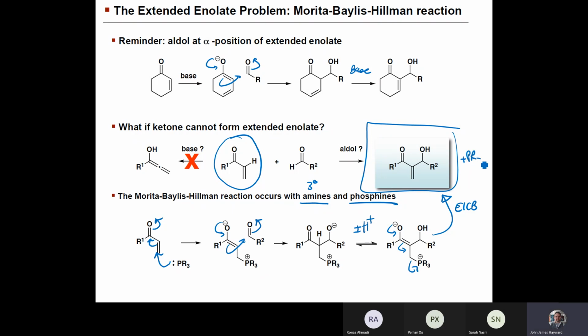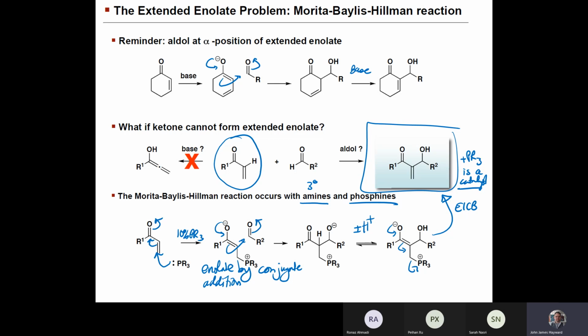And the phosphine catalyst is regenerated. So we form the enolate by conjugate addition. And the phosphine is a catalyst because it can be regenerated and reused at the end of the reaction. Okay, so you often only use about 10%, though lower catalyst loadings are also possible.